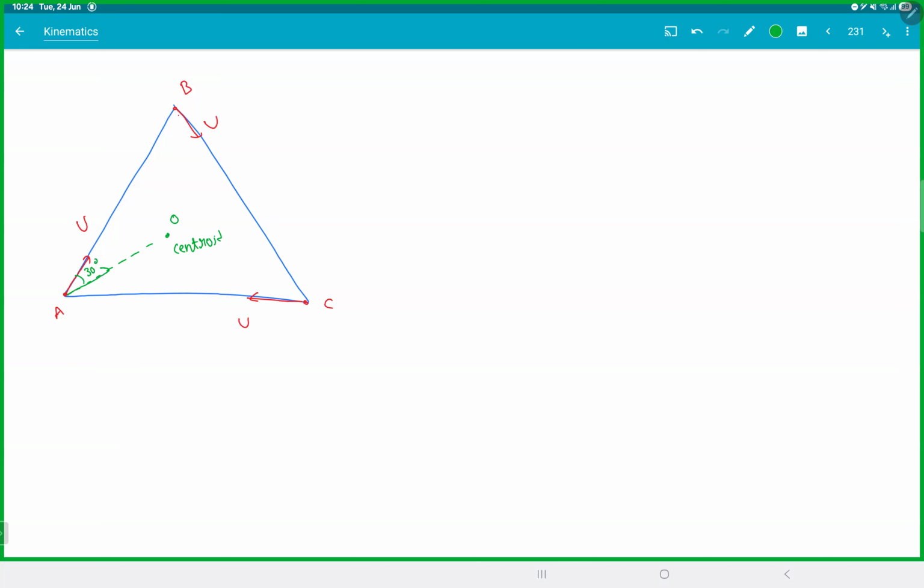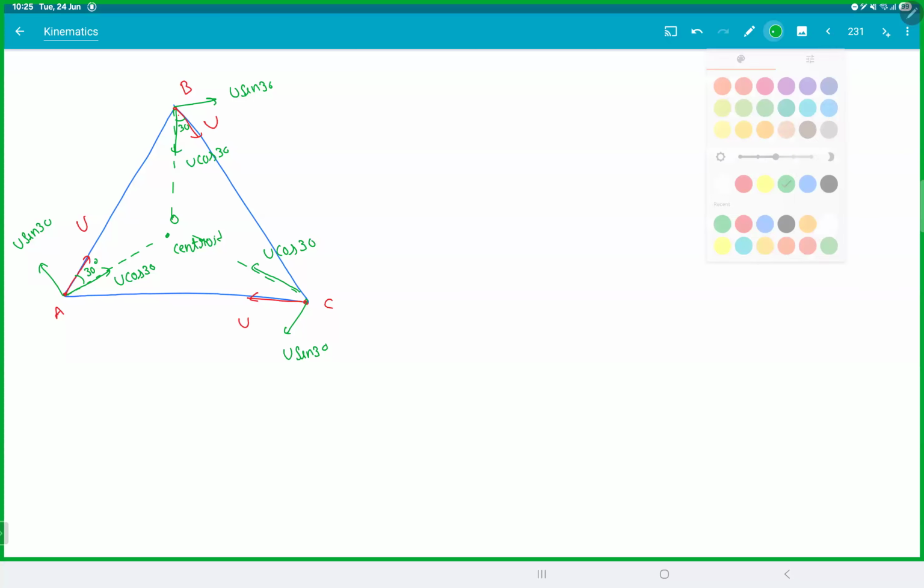So if you resolve the velocity into components, you'll get u cos 30, and this will be u sin 30. Similarly, if I do the same thing for B, this will be u cos 30, and this will be u sin 30. Similarly, u sin 30 here and u cos 30.